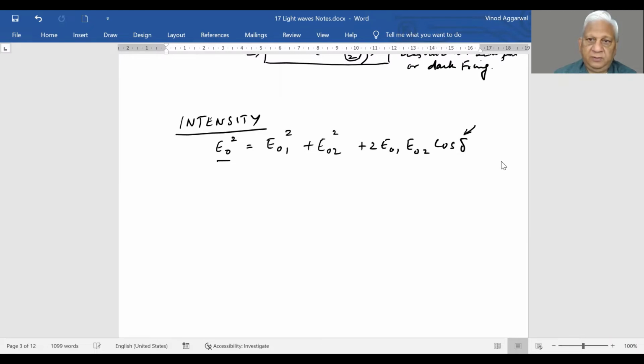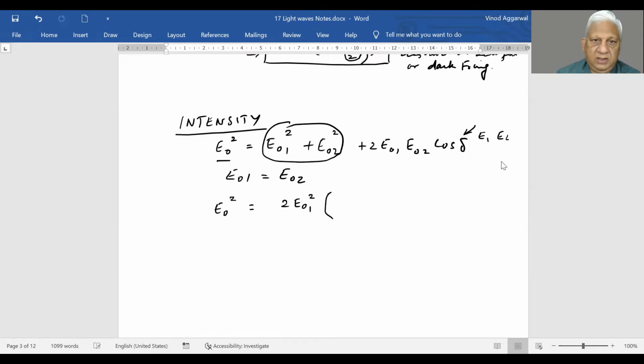This is the phase difference between E1 and E2. Now, in case E01 amplitude is the same as E02 amplitude, which is the case in a double slit experiment, then our resultant wave becomes 2 times E01 square.